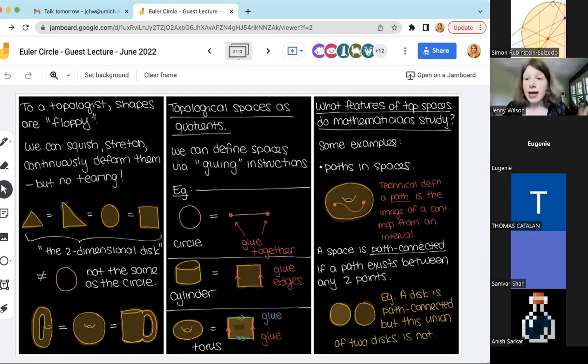But the upshot is that to a topologist, all the loops in the disk are trivial, and the circle has tons of non-trivial loops. And there's a great question: are there any trivial loops in a circle? Yes, absolutely. I could define a kind of dumb map from a circle to my circle.